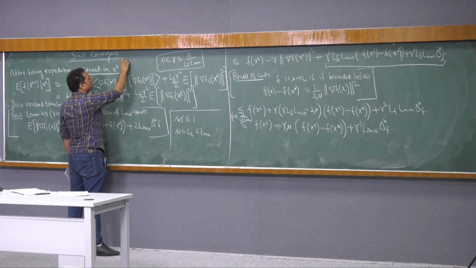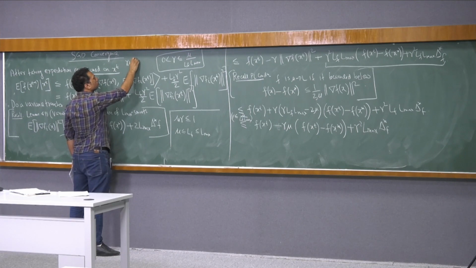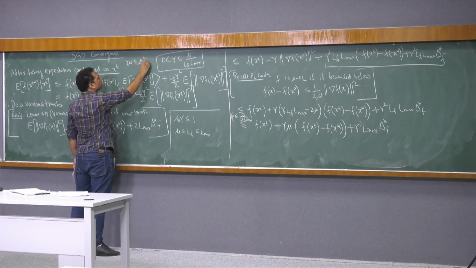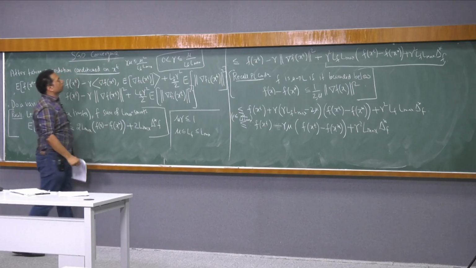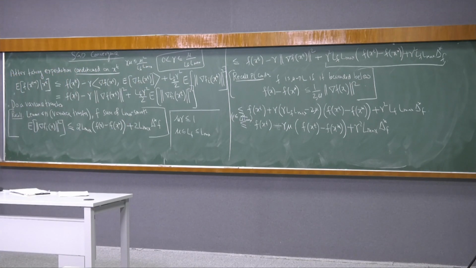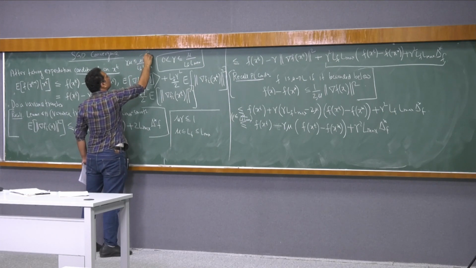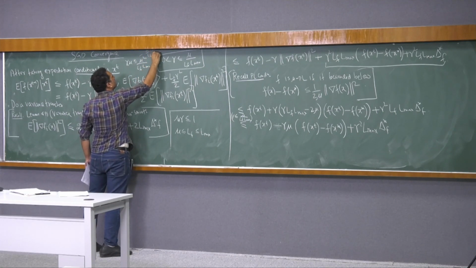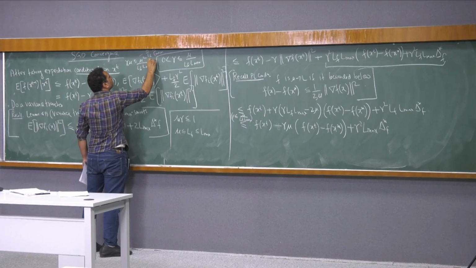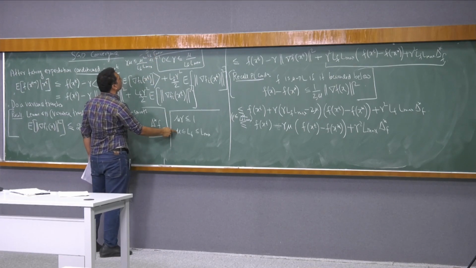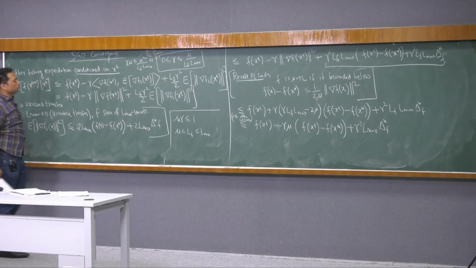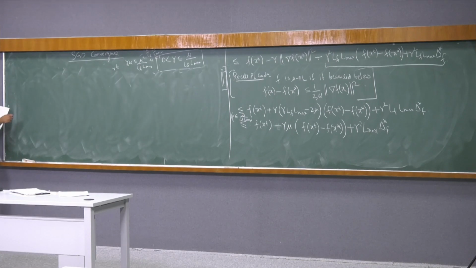So this would imply gamma mu is less than or equal to mu squared by LF L max. Then it makes sense, right? So mu by LF is less than 1, mu by L max is also less than 1, so overall it's less than 1. I can see this as mu by LF times mu by L max, and each of them is less than 1. So overall mu gamma must be less than 1.